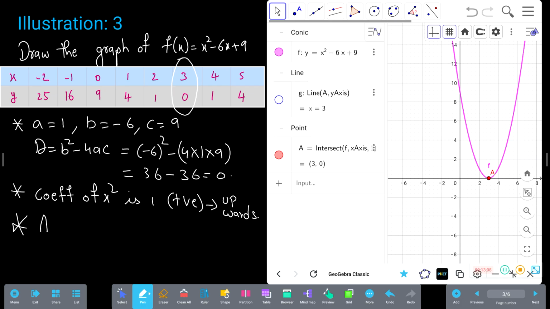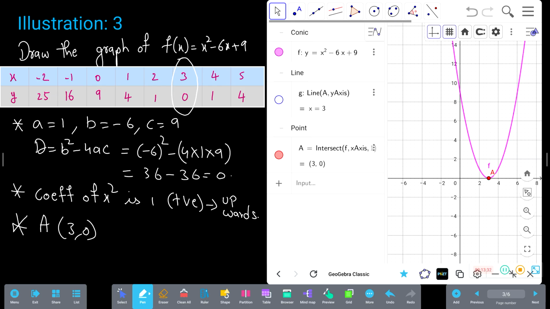It's just touching. That means it doesn't have two zeros. It has only one zero value. Okay, so that is A. At 3, the value of this polynomial will be 0. Okay, and this point itself will be the vertex.